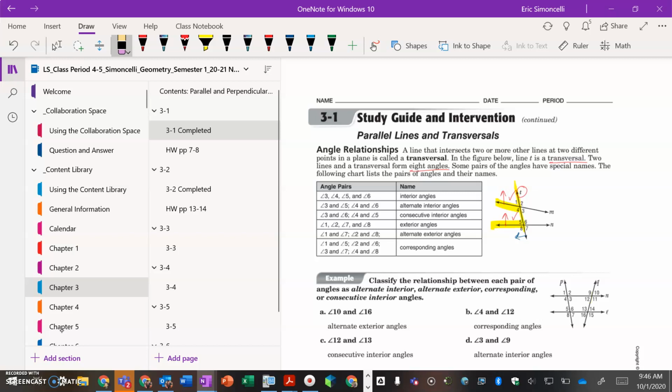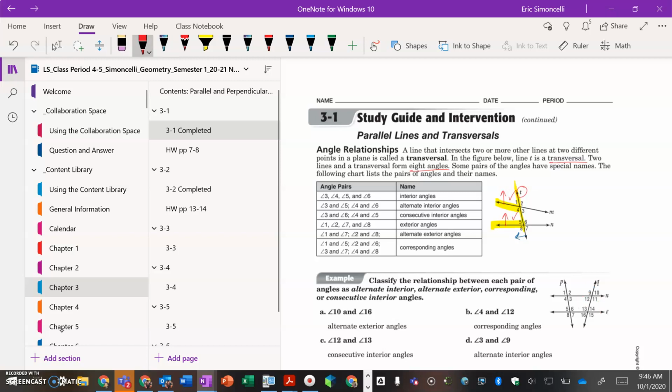Letter C, angles 12 and 13. So here's 12, here's 13. Those two angles are interior to N and L, and they're consecutive, meaning they're on the same side of transversal Q. Last but not least, angles 3 and 9.